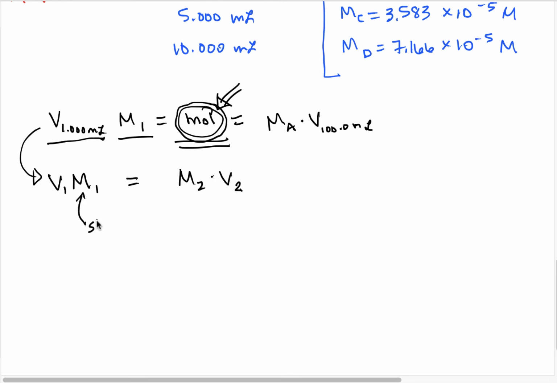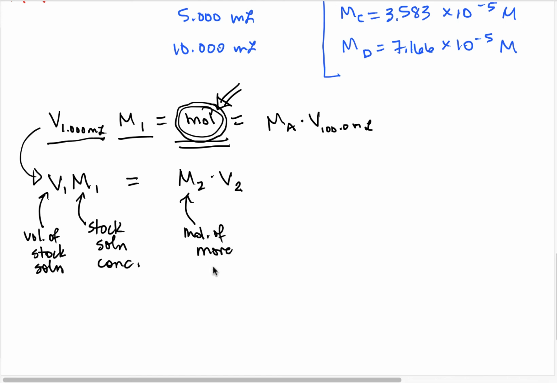If M1 is the stock solution and its concentration, then V1 is the volume of the stock solution. M2 is the molarity or the concentration of the more dilute solution. And V2 is the volume of the dilute solution. So you have to make sure that your volume and your molarity get paired up correctly.